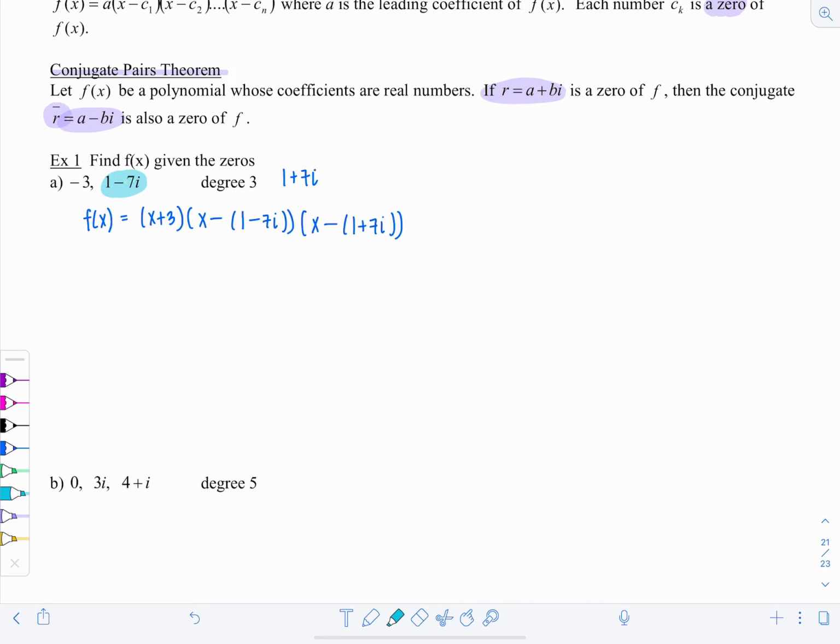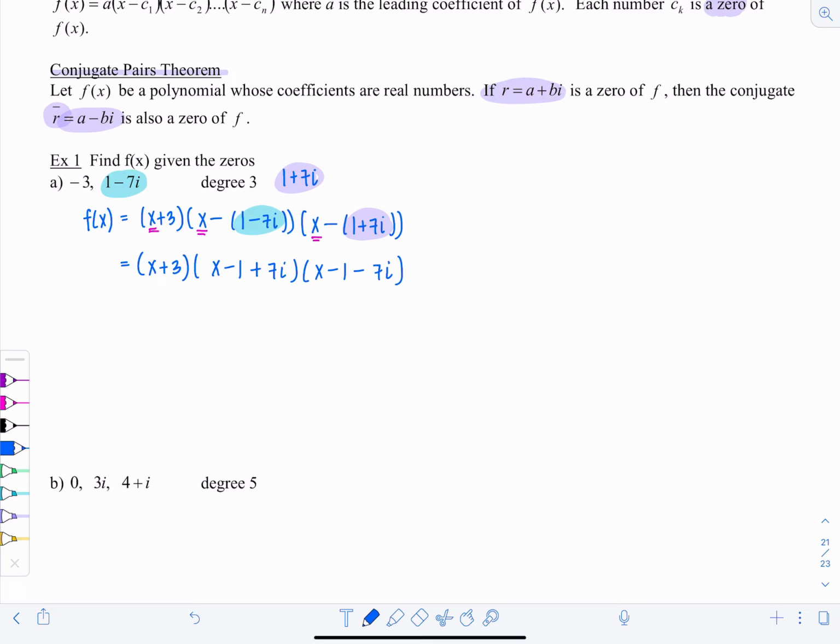So here's 1 minus 7i, and here is 1 plus 7i, and that's all three of them. When we multiply it out, I'll end up with a degree 3 polynomial because I'm going to have x cubed as the highest term. All right, so let's hop to it. So we have x plus 3 times x minus 1 plus 7i times x minus 1 minus 7i.